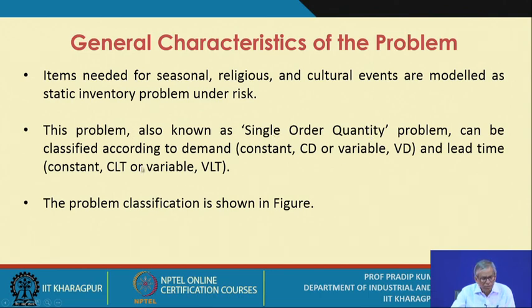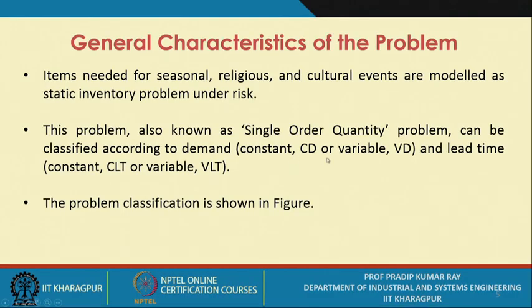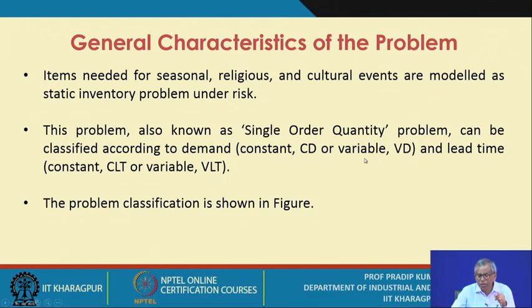Now this problem can be classified according to demand. That means there are two important factors determining the type of problem. First one is the demand. So the demand could be constant demand, you may assume, CD, or the demand could be variable demand, the notation is VD.